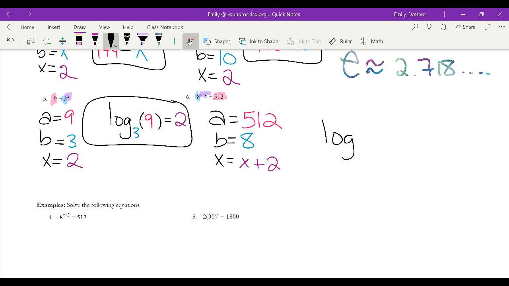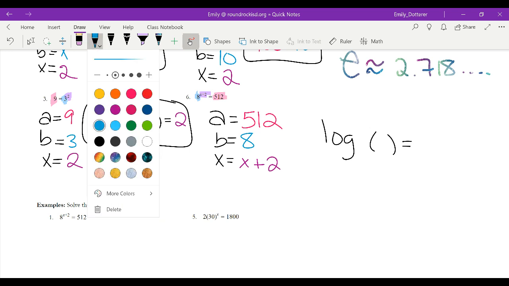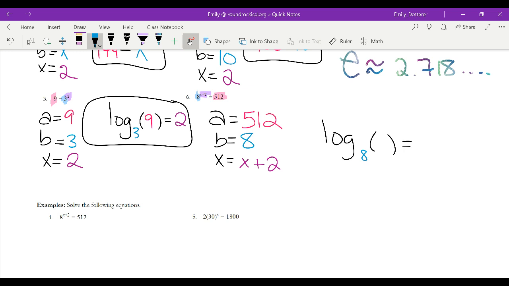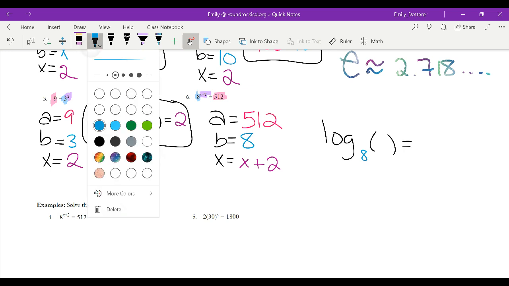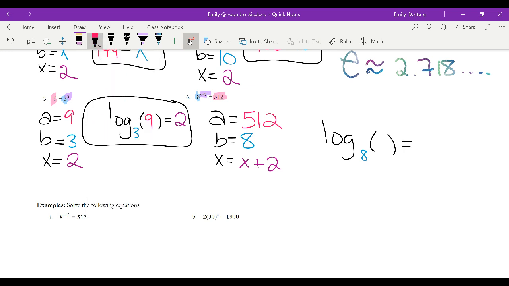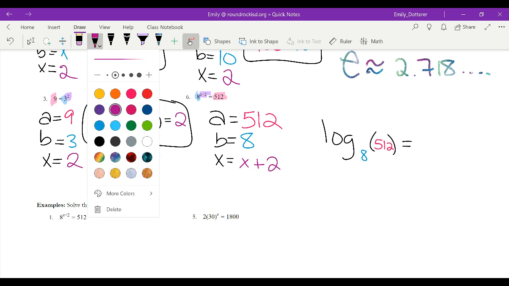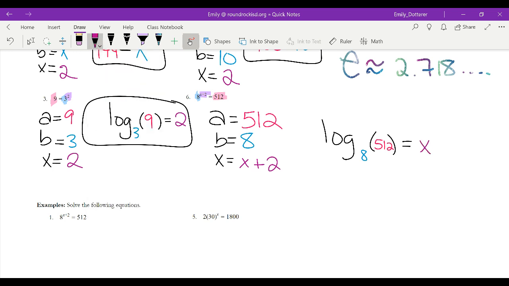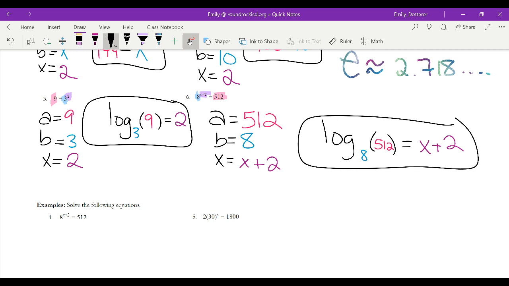So we've got log base 8 of 512 equals x plus 2. Okay. And there we are.